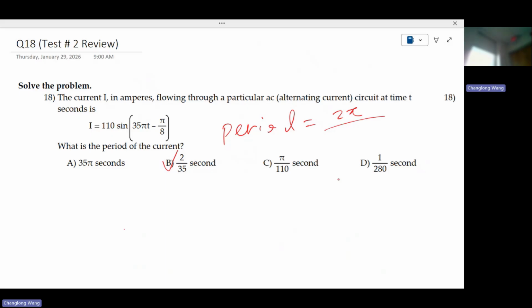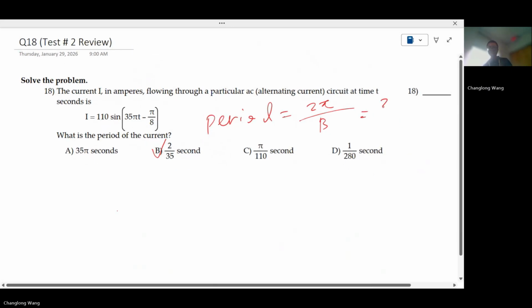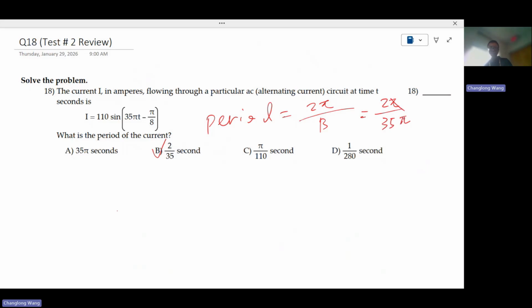So you're looking at 35 pi as the quote-unquote b value, right? So you're going to divide it out. So that will be 2 pi over 35 pi. The pi's cancel, and that's it already. There's nothing you can simplify. So now do you see that?